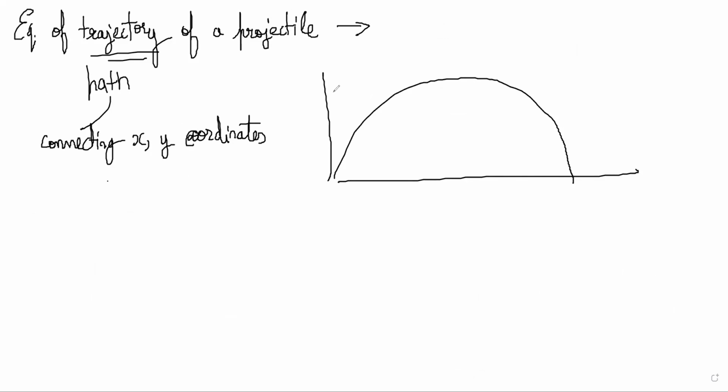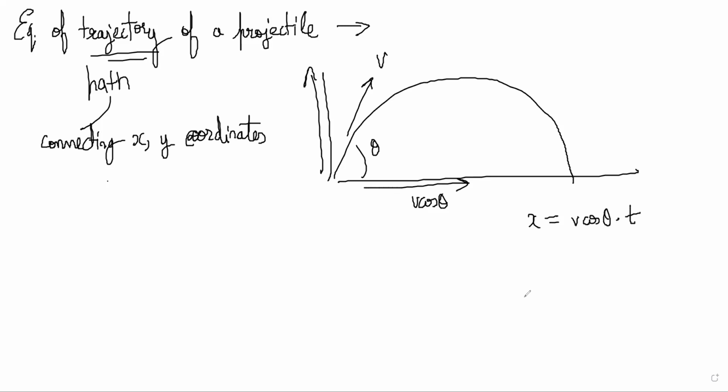So it is quite simple actually, because we know that y coordinate motion is independent, x coordinate motion is independent. Let's say it was launched with v at an angle theta, right? So your x coordinate motion is very straightforward, because v cos theta is the speed and there is no acceleration in the x direction. So your x position will simply be v cos theta into time, right? Your y position will also come by the simple second equation of motion that we had.